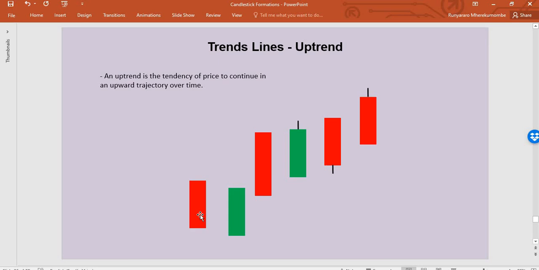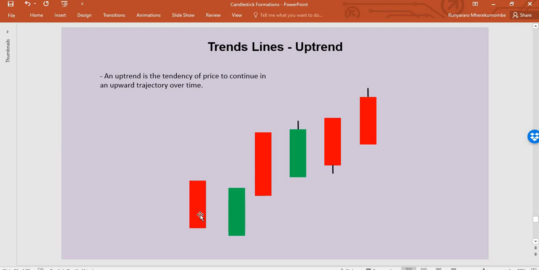The second thing that you need to consider is that for an uptrend, you are looking at an upward sloping trend line. In other words, if your line is not sloping upwards, then you cannot say you have a trend line that is showing an uptrend.